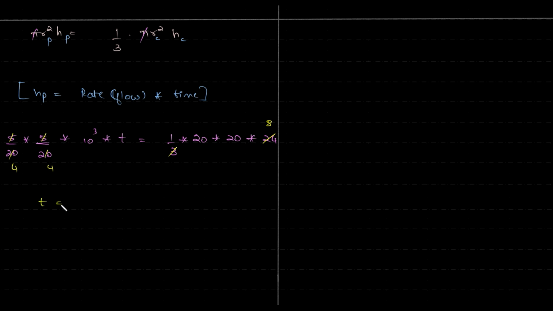Then we have t is equal to 20 into 20 into 4 into 4 into 8. A lot of things to be multiplied, divided by 1 2 3, 1000. So we have 10 10 10 10, all of this getting cancelled.